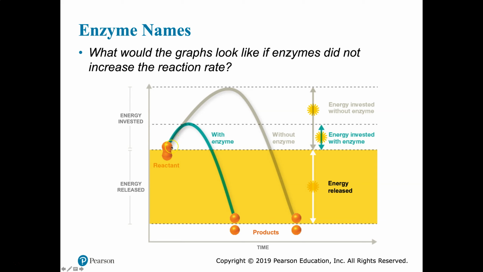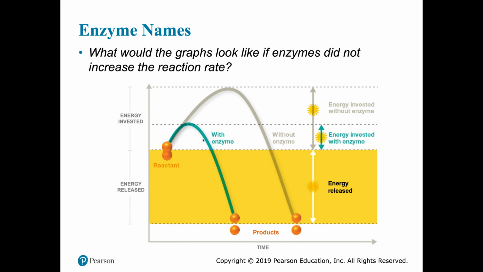So this gray line is saying we need this much energy to start the reaction, from here to here, without an enzyme. But if all of a sudden we throw in an enzyme or enzymes, notice the amount of energy required to start the reaction significantly decreases.